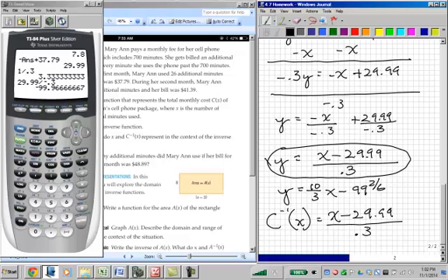So it's the number of additional minutes.